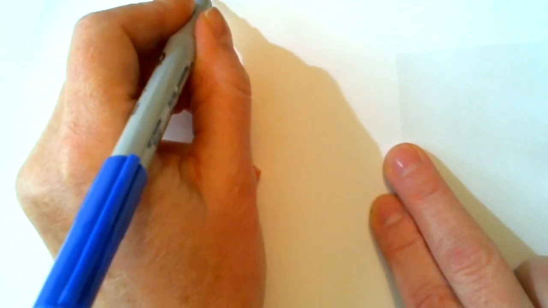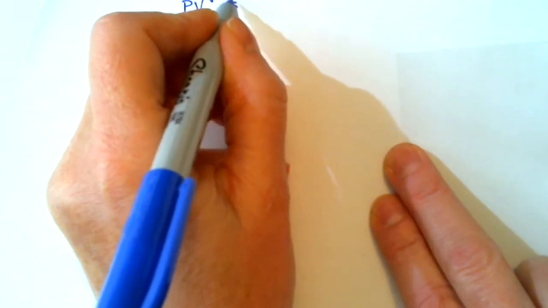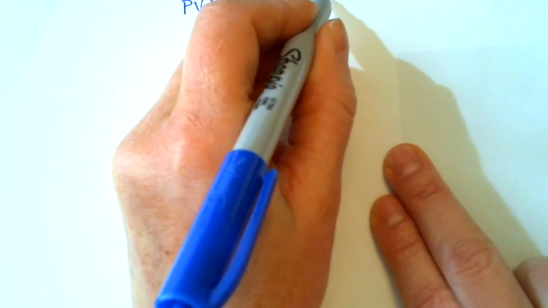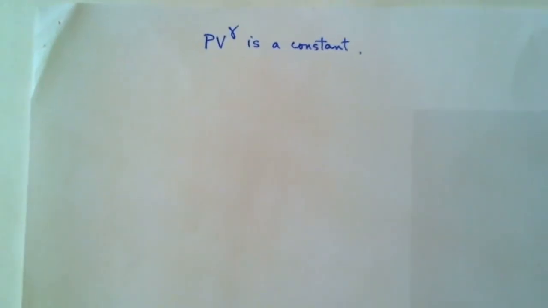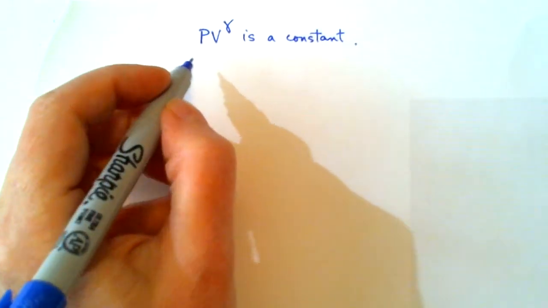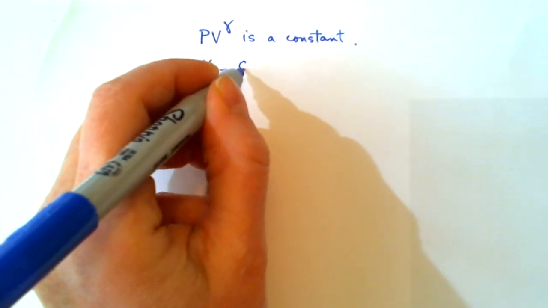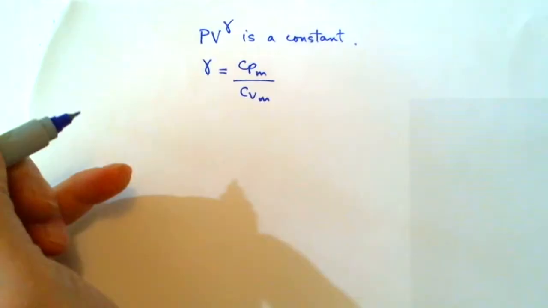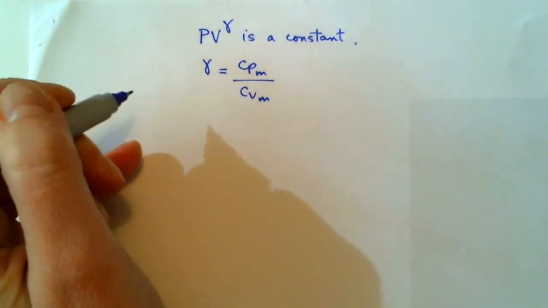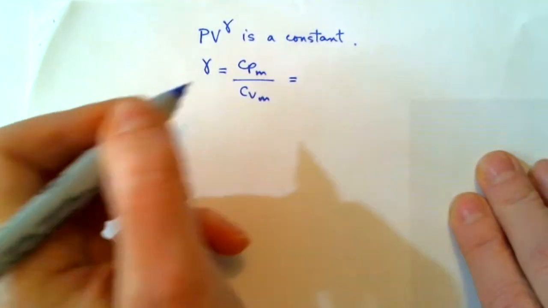We know that PV gamma is a constant for an adiabatic change, right? Just like PV is a constant for isothermal changes, PV gamma. Remember what gamma is? Gamma is Cp over Cv.